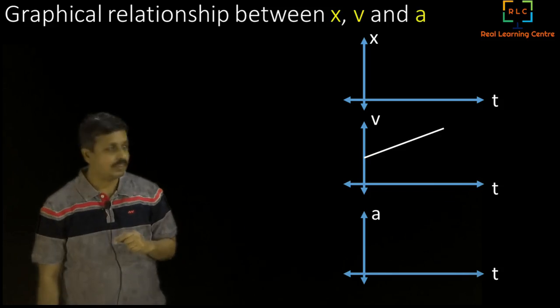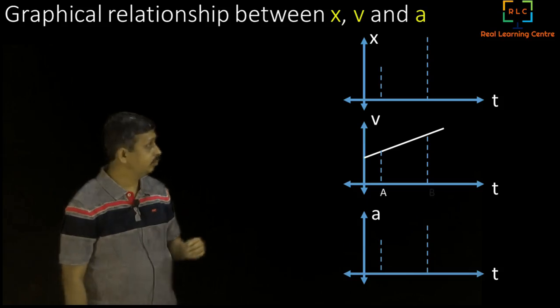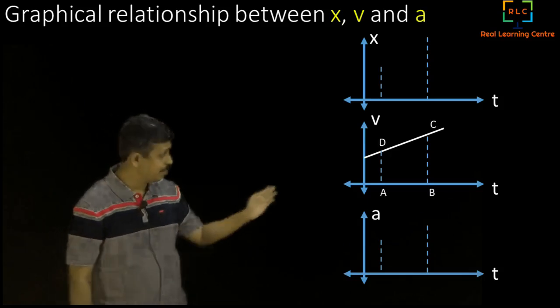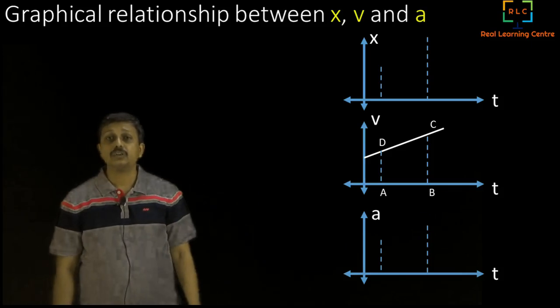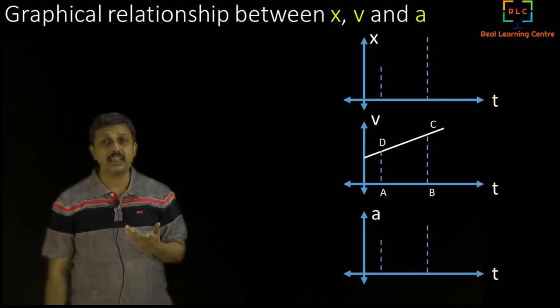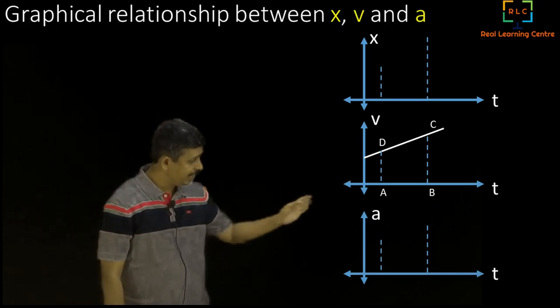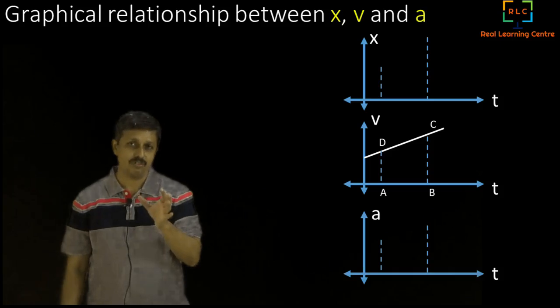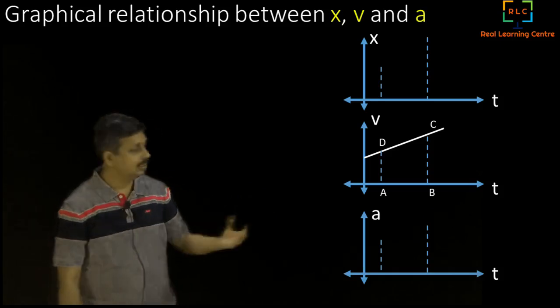First I will mark 2 points, which I will call A and B in time. Whenever I talk about the XT graph, we should be able to say, between the interval A and B, how much has it moved? What is the displacement X in the interval A to B?